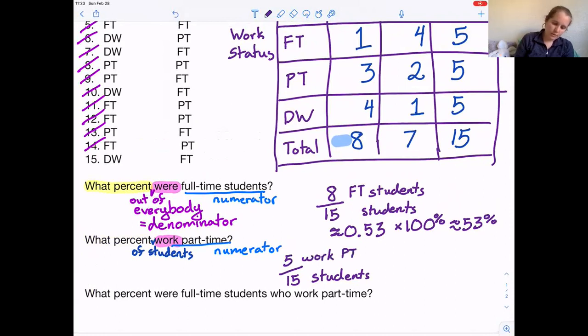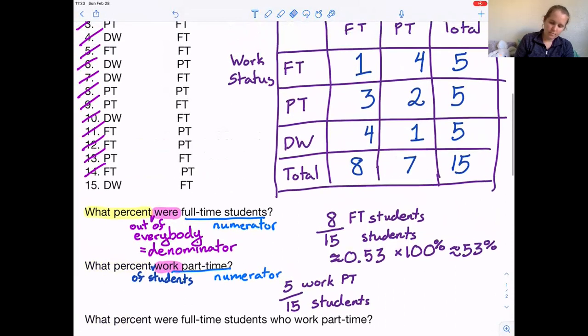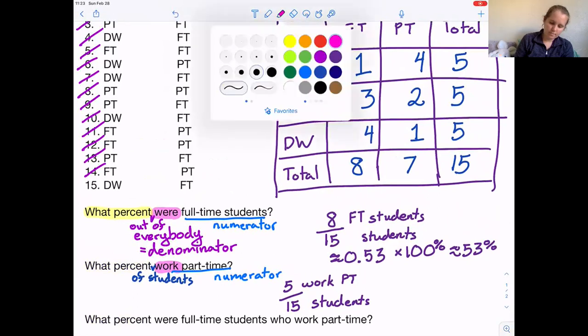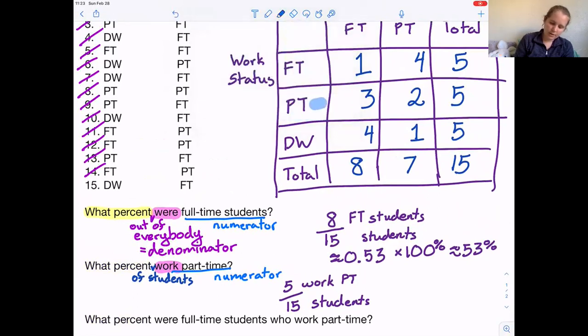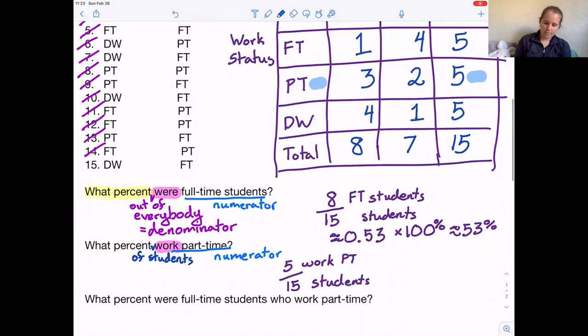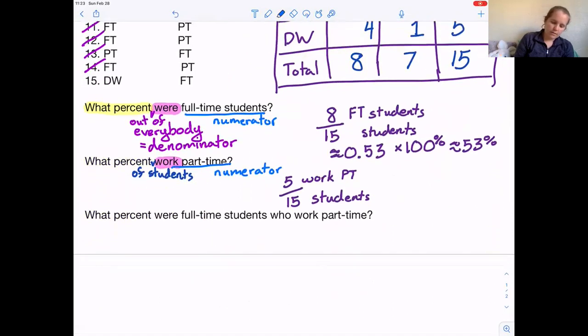Again, what I'm doing here, I'm looking at working part-time, and in total there were 5. 5 out of 15 is 0.33. And if we convert that to percent by multiplying by 100%, we wind up with 33%.